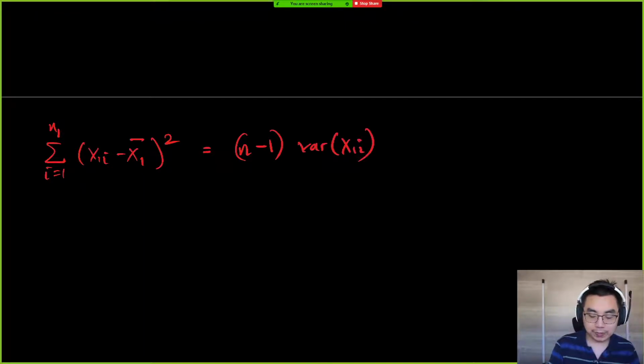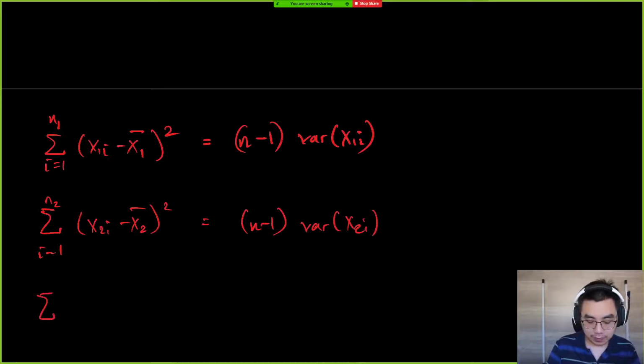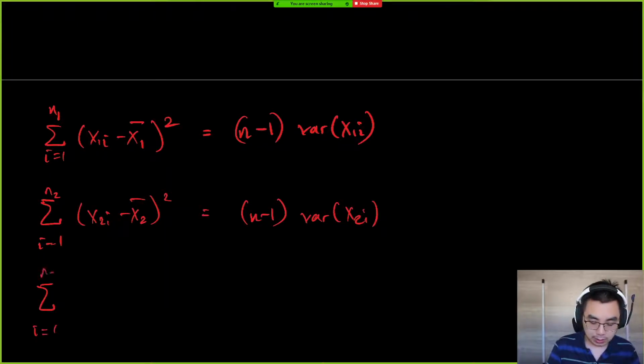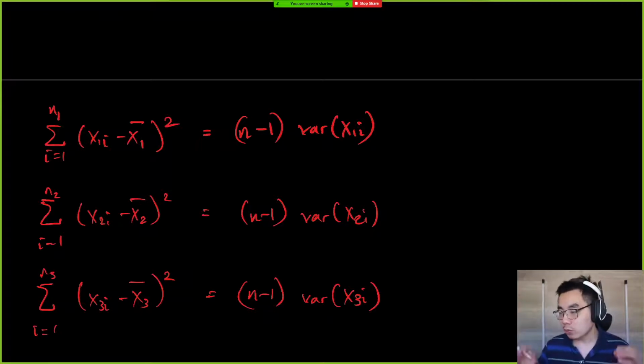And then similarly for x2 and x3. So you can really see why these are within group variations, because you're measuring the variation, or the variance, if you will, within each group: group 1, group 2, group 3.